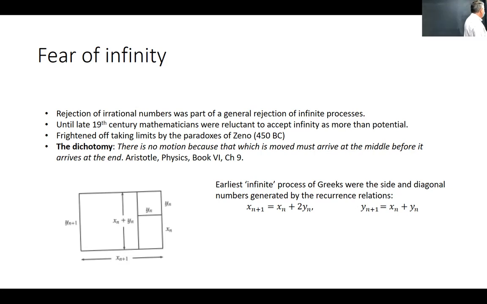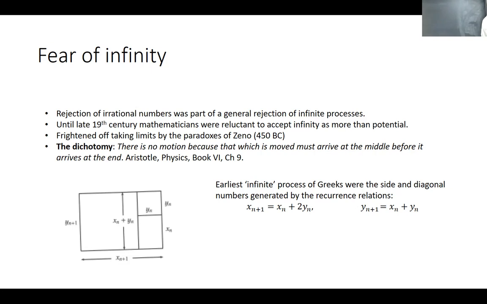So probably the earliest infinite process that the Greeks were aware of was this idea of side and diagonal numbers. You might recognize this picture as the one we get from a rectangle with sides square root of 2 and 1.